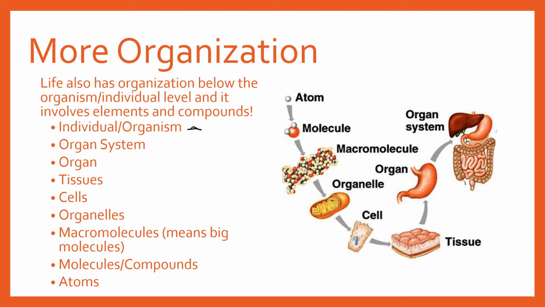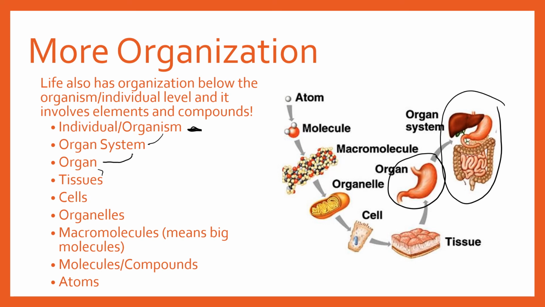So if we start at the organism level, right underneath that we have an organ system. So you've heard of your circulatory system or your nervous system. Those are many different organs working together for a common cause. So the next step down from organ system is an organ itself, like the heart or the kidney or the brain. It's something that has a very specific function inside your body.